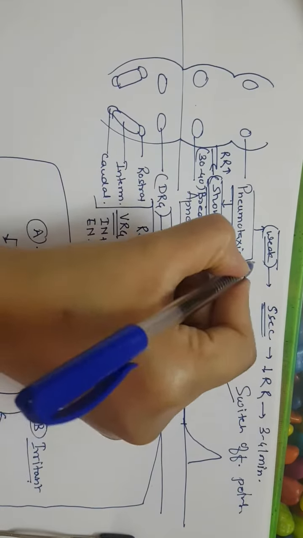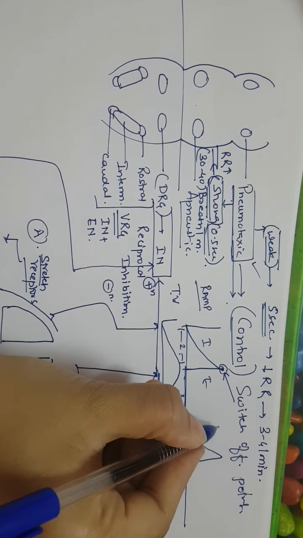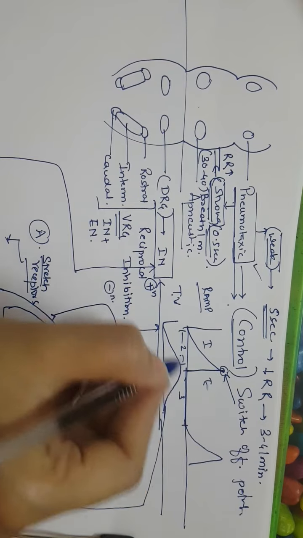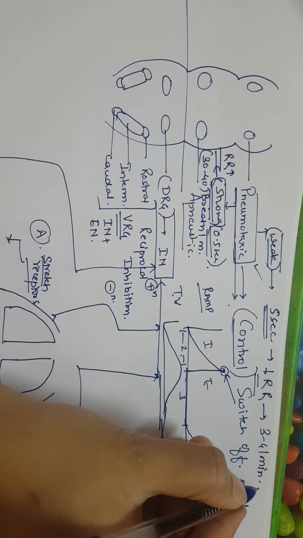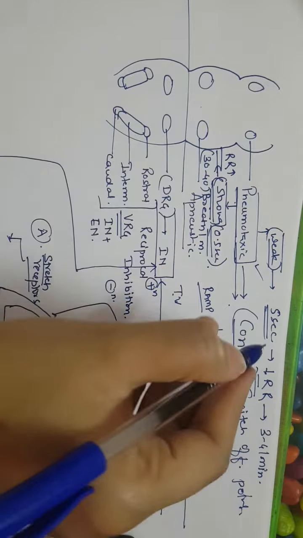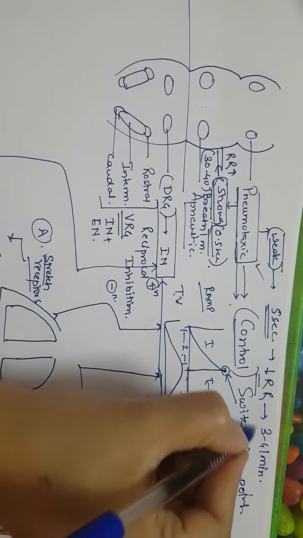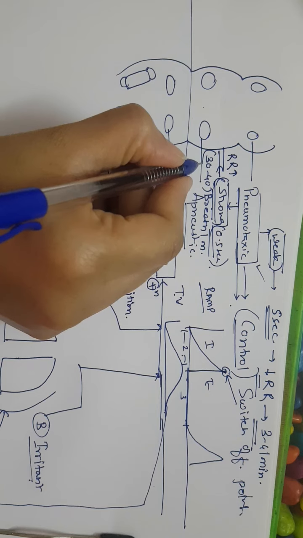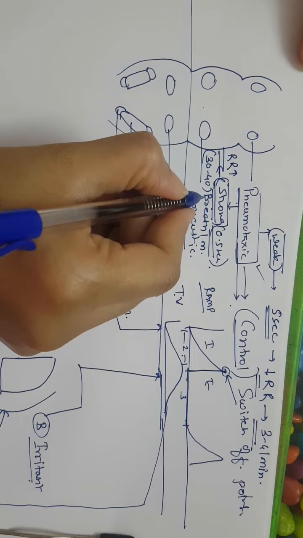So the importance of pneumotaxic center is to control the switch off point, to bring it closer or to bring it a little bit farther. Depending upon the position of the switch off point, the respiratory rate is defined. Depending upon the respiratory rate, the ventilation will be defined. So if this pneumotaxic center is strong, the ventilation is high. If the pneumotaxic center is weak, the ventilation is low. So it can go up to 3 to 4 breaths per minute in a weaker system, and up to 30 to 40 breaths per minute in a stronger pneumotaxic center.